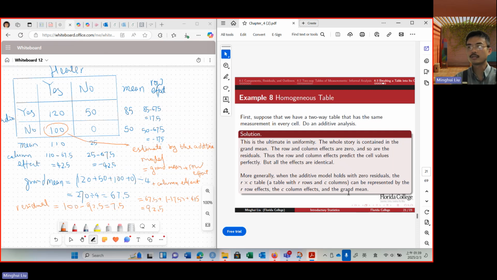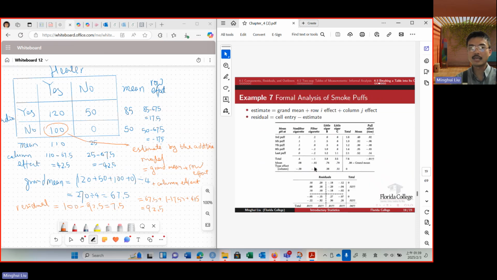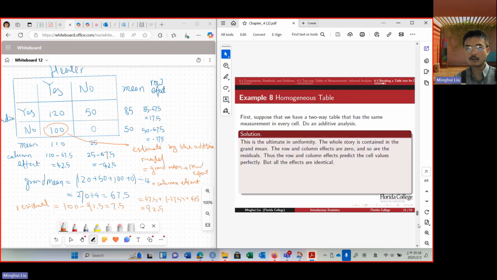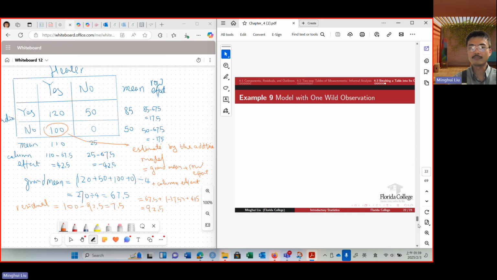You can recover the cell entry. Every cell you can just calculate by the estimate here, because assuming the model is perfect, the residual will be 0, so the cell entry will be equal to the estimate if the residuals are all zeros. Of course, this may or may not be true in reality.